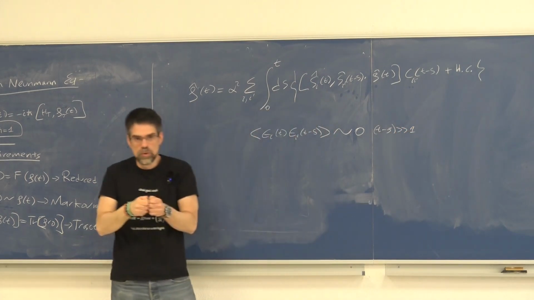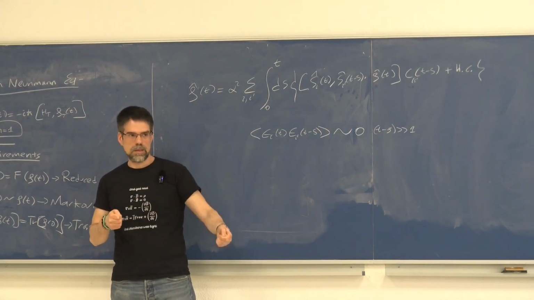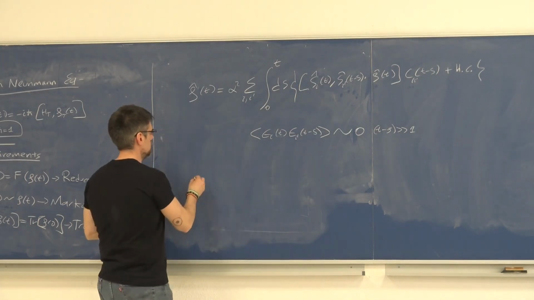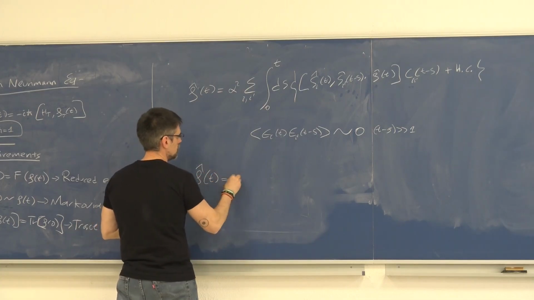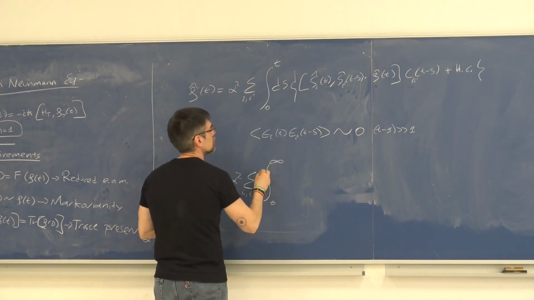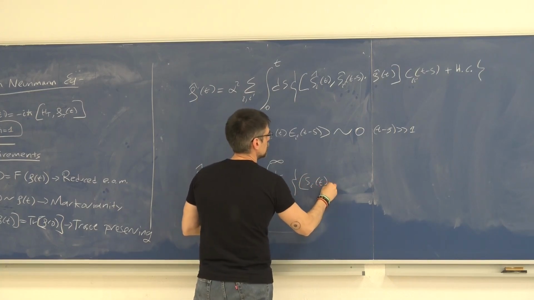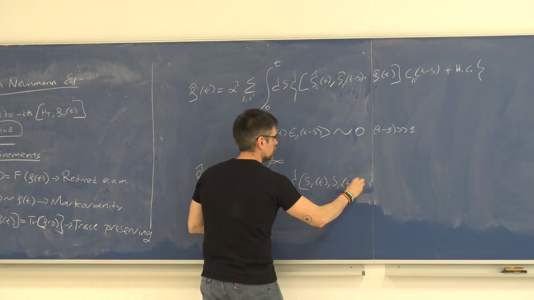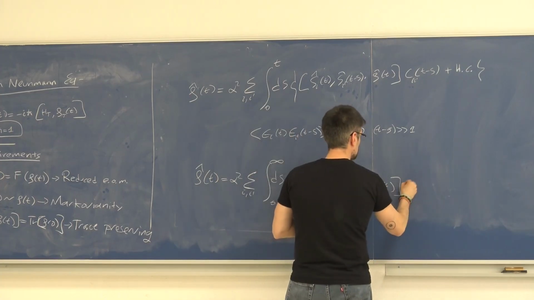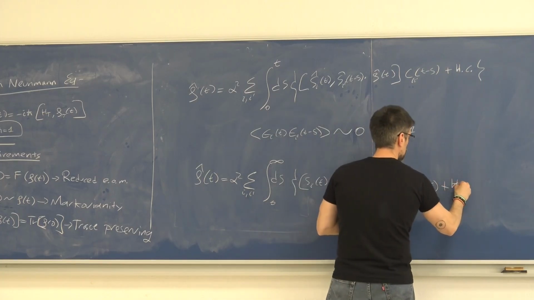So when you go away from the time that you are studying, these correlations decay very fast. And because of that, we can change, for instance, this limit: alpha squared, sum over I, I prime, integral from 0 to infinity of ds, S I of t, S I prime of t minus s, rho of t, C I I prime of t minus s, plus the Hermitian conjugate.